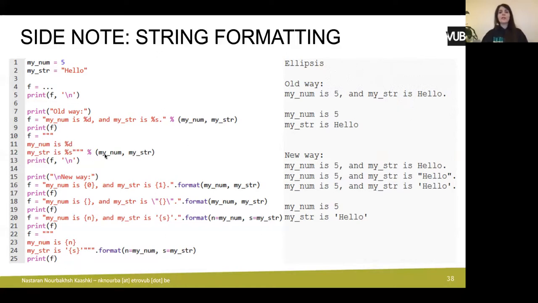Here I'm saying that my num should be here. With this one, I'm saying that my str should be here. If I print that, as you can see here, one line here, my num is 5, and one line here, and so it will exactly show how you wrote your message in your program.